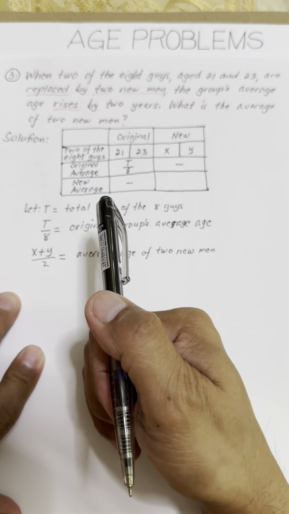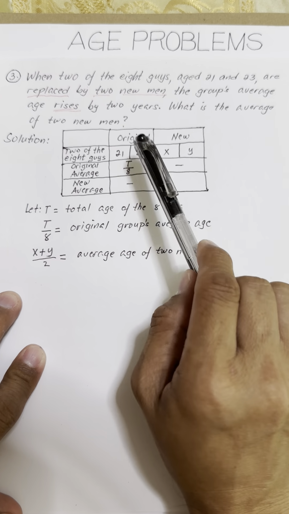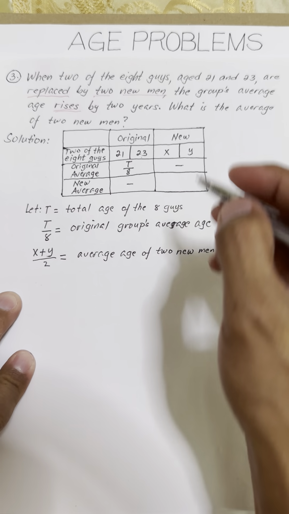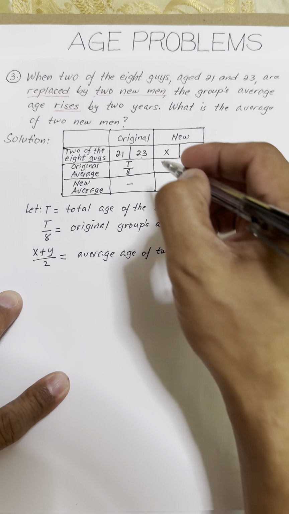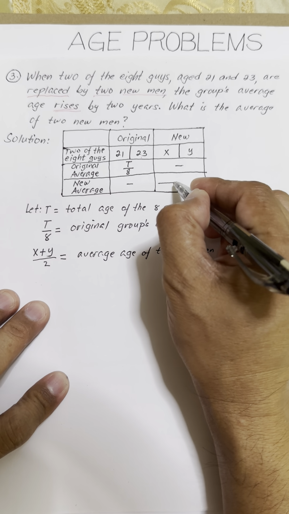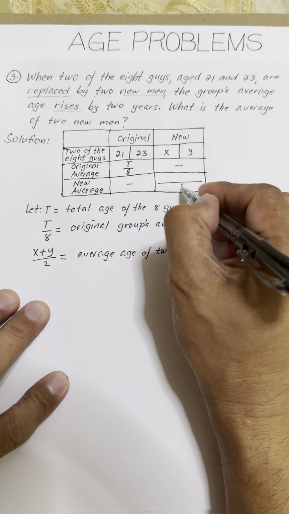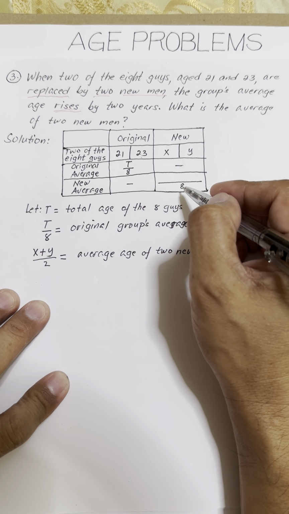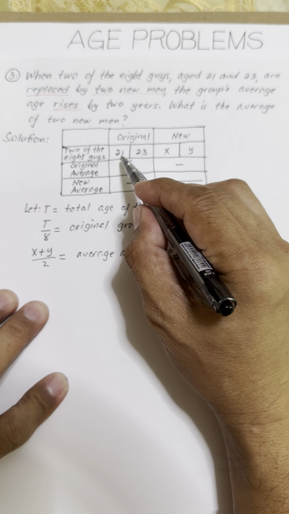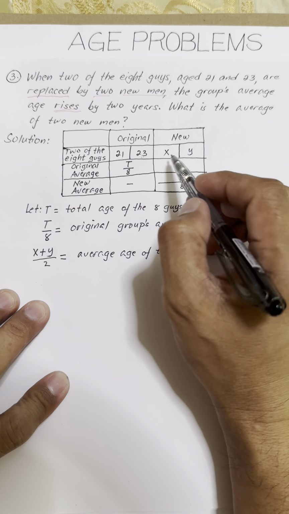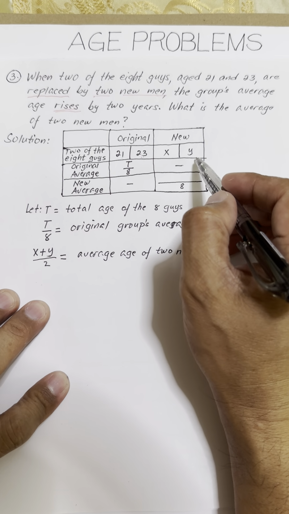When 2 of the original members of the group are replaced by 2 new men, what will happen to our expression? The new average becomes something like this. Still, the denominator is 8 because there are still 8 of them. But the persons aged 21 and 23 were replaced by the 2 new men, x and y.